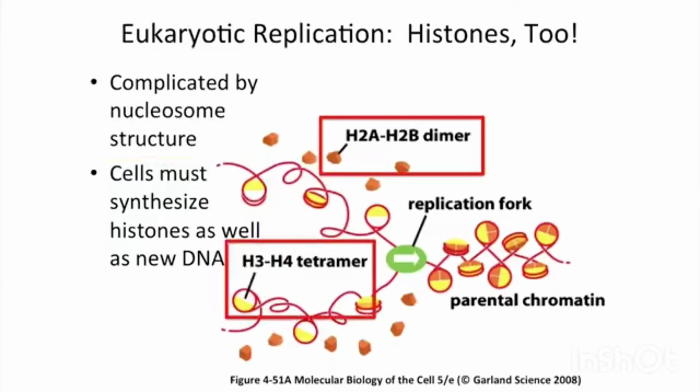If we look at what's happening at the replication fork, you'll see that the H2A, H2B dimers are released where the fork opens, and the H3, H4 tetramers are randomly staying with one of the separated strands. There seems to be this mode of dissociation that differs between H2A, H2B, and H3, H4.